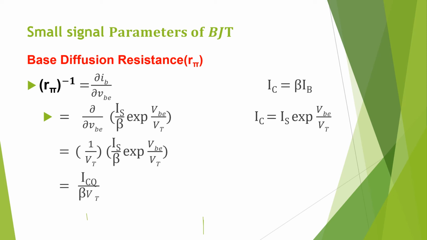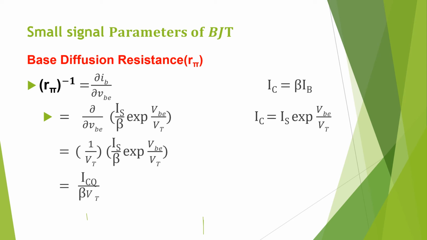R-Pi resistance is always the ratio between voltage and current. So here, inverse of R-Pi is equivalent to the change in IB current with respect to the change in VBE voltage. IC is equivalent to beta into IB, so IB equals IC by beta.